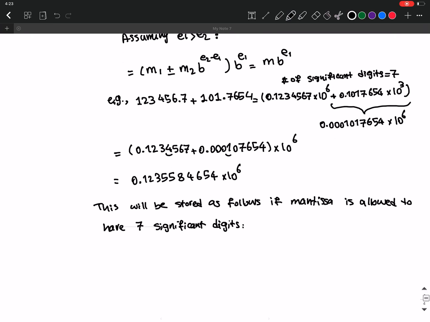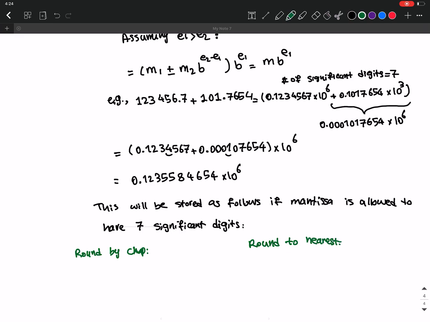So we can do two things. We can either chop it, whatever after that. So this is called rounding by chop. And the other one is we can just round it to the nearest number. So it's called round to nearest.